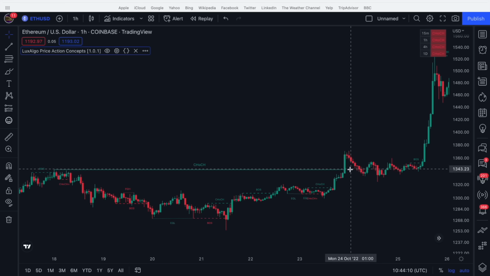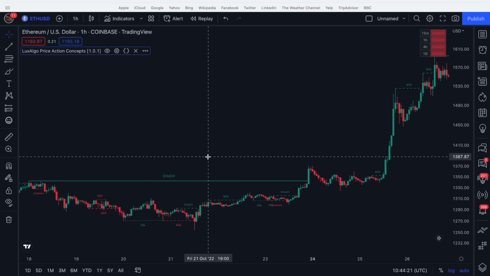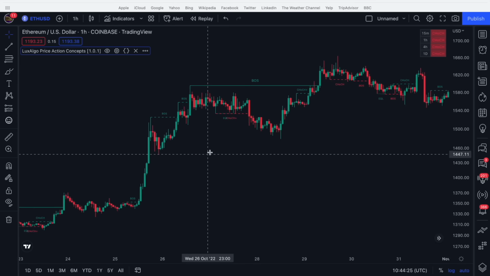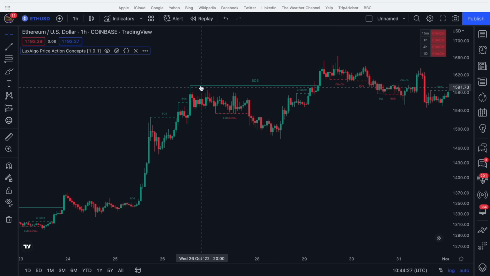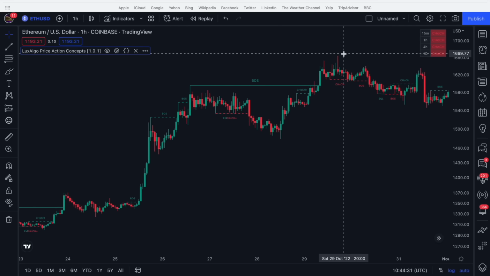We break this structure here, and then because it's a green CHoCH, we go on a bullish run here. So solid lines denote swings. They're higher time frames. You can see here we have a break of structure. We're in some kind of little retracement, and then we break above and go up a little more. They work exactly the same, they're just on a higher time frame.